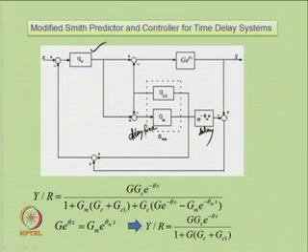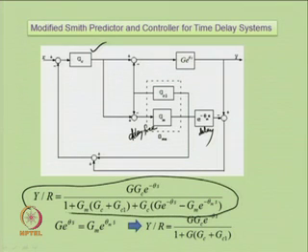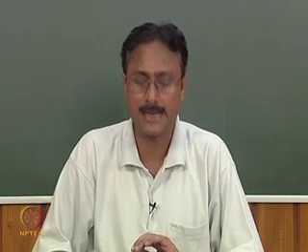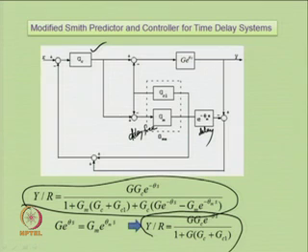You can make out when you look at the closed loop transfer function with respect to the reference input. We get a closed loop transfer function of this form, and when we assume that the plant model dynamics accurately matches with the plant dynamics, at that time the closed loop transfer function becomes y upon r s equal to G G c e to the power minus theta s upon 1 plus G G c plus G c 1 s.